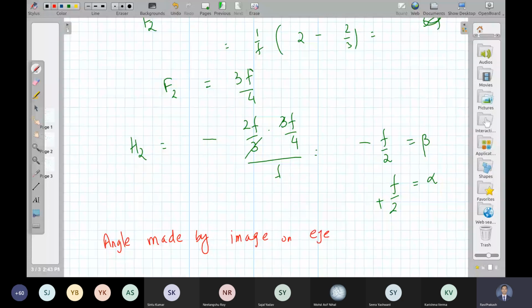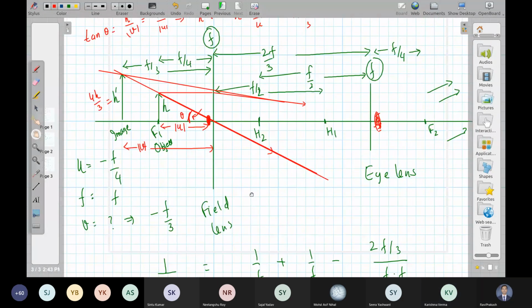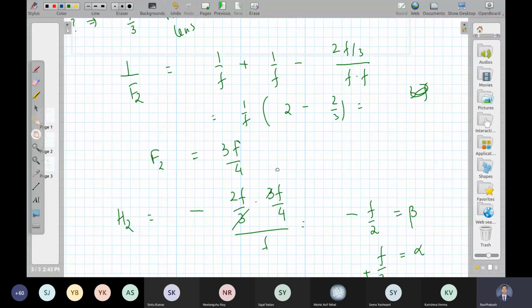So what is tan phi? Phi is this: H by 3 upon. This is the angle made by this image on the eye. So obviously height of this image divided by the distance from the eye. Yep. So 4h by 3.